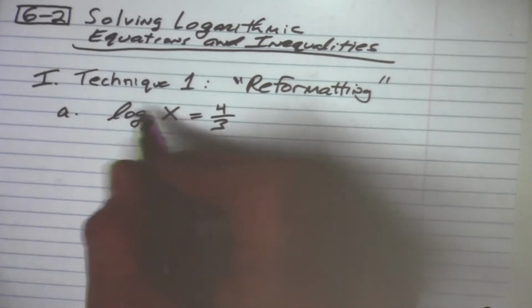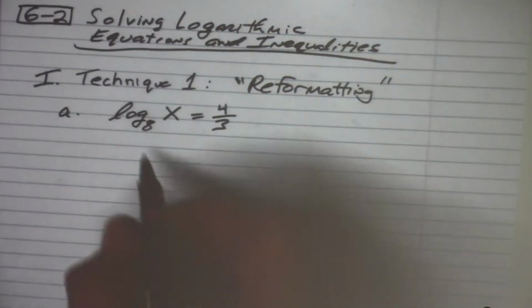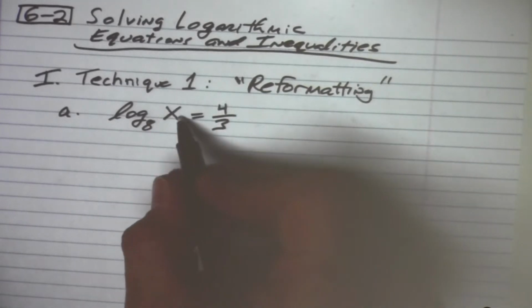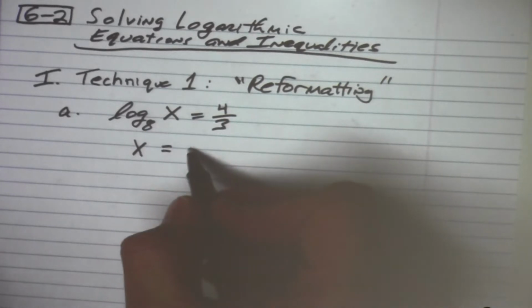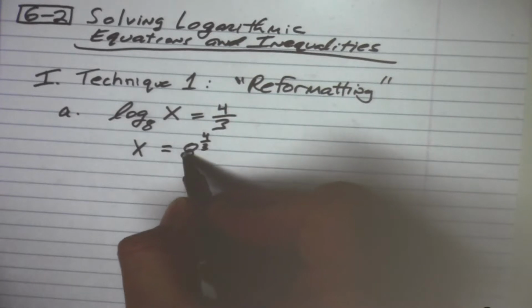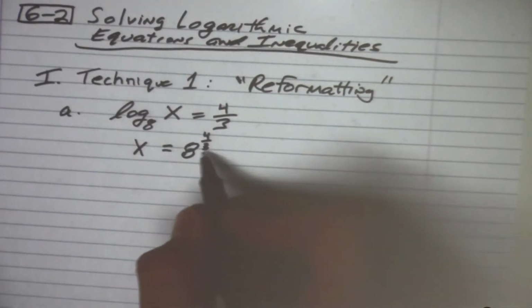Which means we can reformat it, make it an exponential equation instead of a logarithmic one. So we leave the x on this side, make it equal to 8, with the number on the right becoming the exponent. And then we have to work with this.